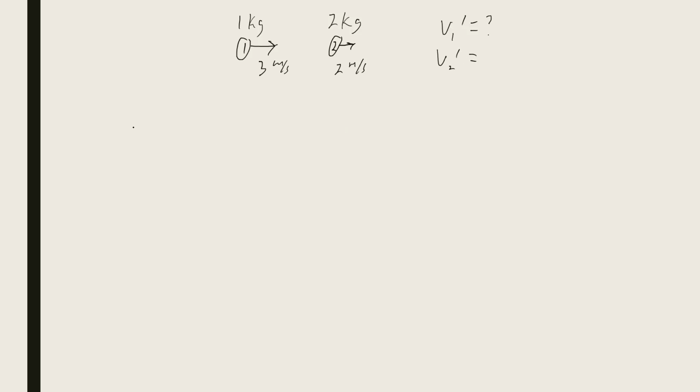Okay, so we've got our same two equations, v1 plus v1 prime equals v2 plus v2 prime, and m1 v1 plus m2 v2 equals, you're going to get tired of writing this one, probably already tired of watching me write it, but sorry, have to do it. Okay, so we plug in what we know here.